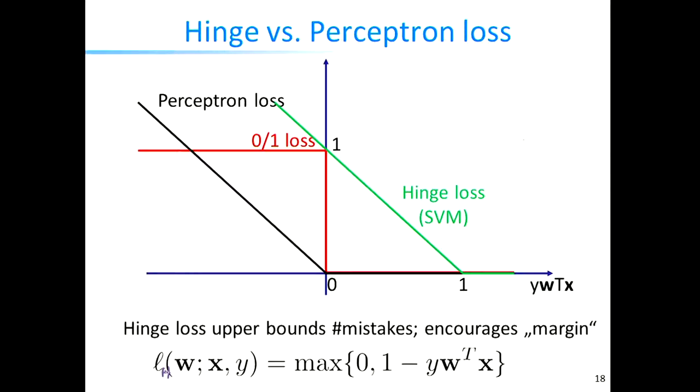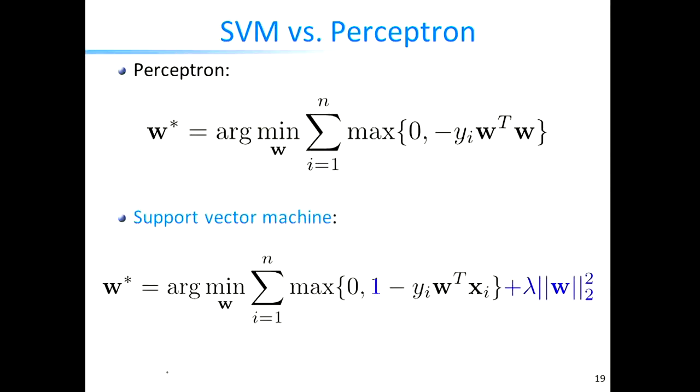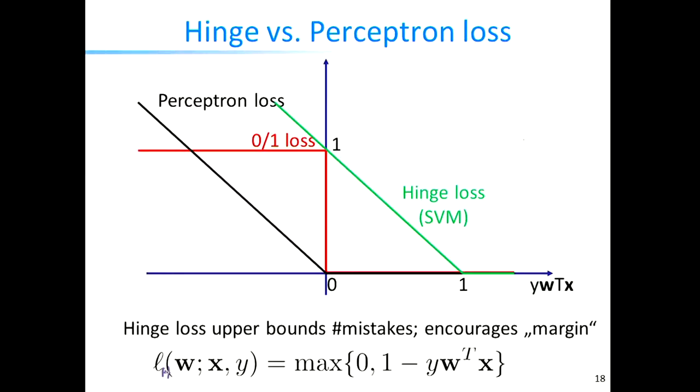Okay, and then there's one more thing I want to point out here, and that's the 1, right? So why exactly a 1 here? We said we want to maximize the margin, to be as far away as possible from the examples. And now we just say we want to be 1 unit away. Okay? And so this is actually a matter of normalization.